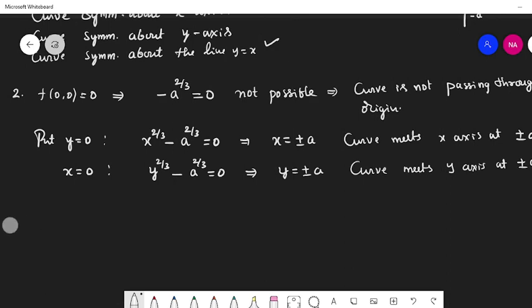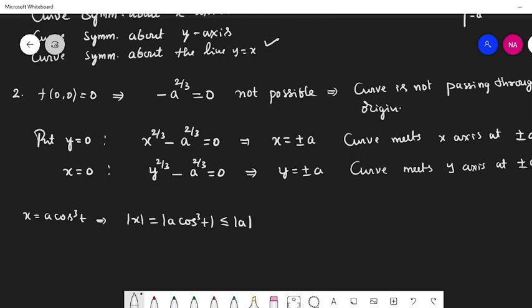And here we can observe one more point from the parametric form. We have x equal to a cos cube t, right? If you take mod x, then it is mod a times cos cube t. This is actually less than or equal to mod a.